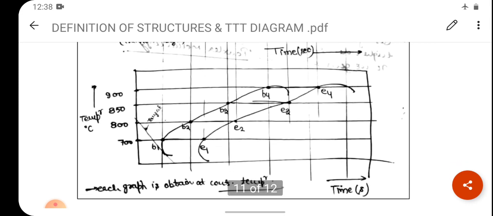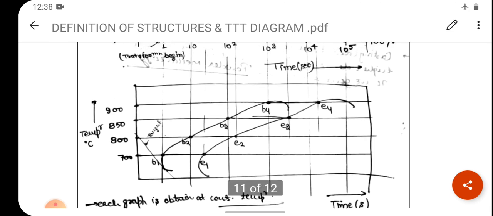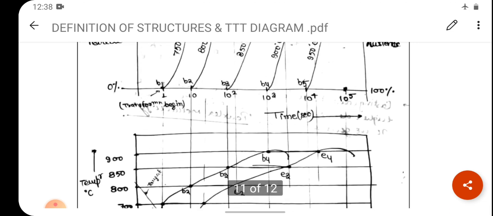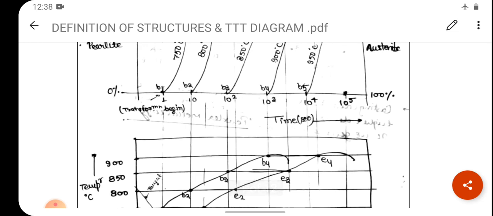So see this diagram again. This is another diagram in relation to the time temperature transformation diagram. At 800, draw a vertical line from above; you can draw B1, B2, B3, B4 and B5.